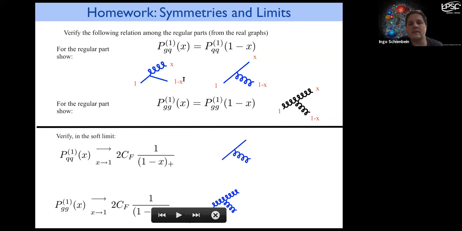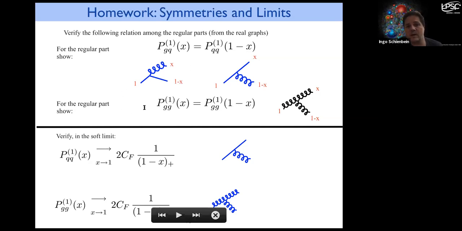So obviously here, from the symmetry of the diagram, P_gq, so a quark splitting into a gluon carrying a fraction x, is symmetric to P_qq with 1 minus x. And that you can then verify.